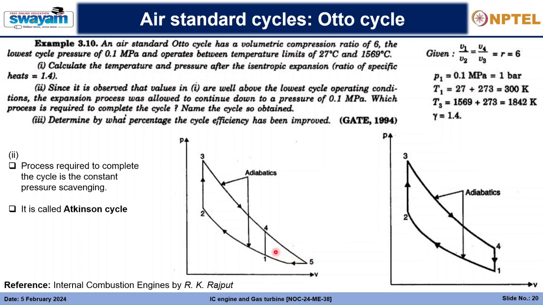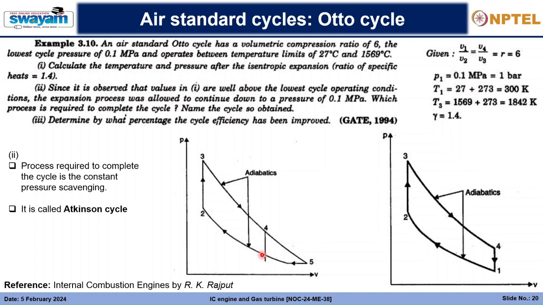This 5 to 1 process will be a constant pressure scavenging, meaning you will have to release the gas from the exhaust valve, and in the same way you will also have to draw in the fresh charge.